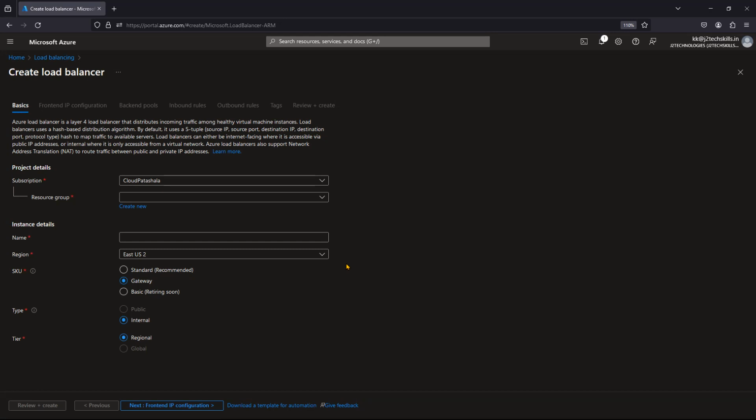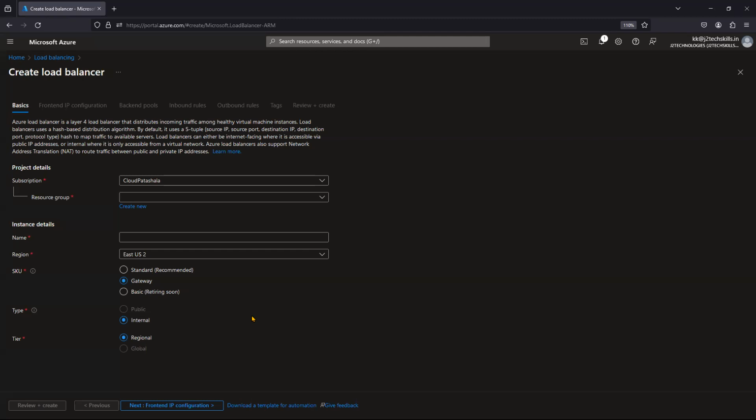But the only differences are these. Standard is a pricing model, and we need to pay. Basic is free, that is one thing. And basic is going to be retired soon, that means it is going to be decommissioned, Microsoft is not going to support it, and they are asking us to migrate from the basic load balancer to the standard load balancer.